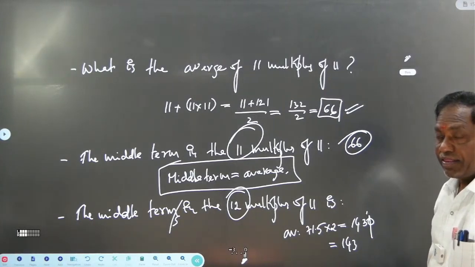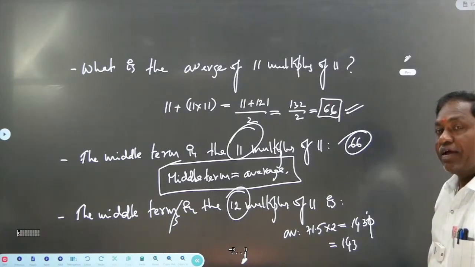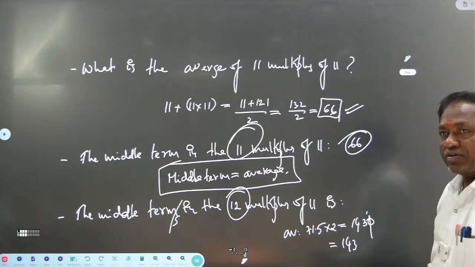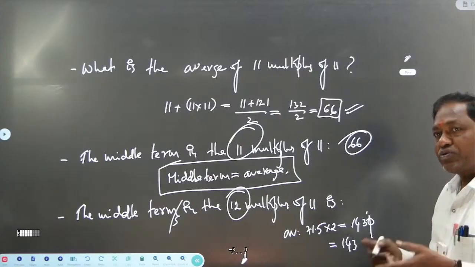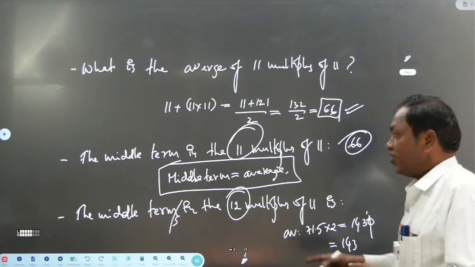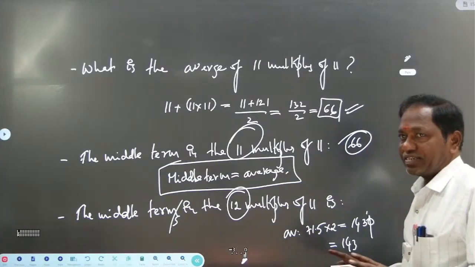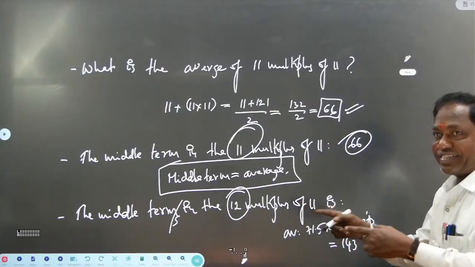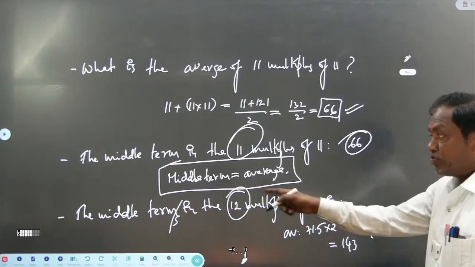The average is 71.5, but the question asks for the middle terms.